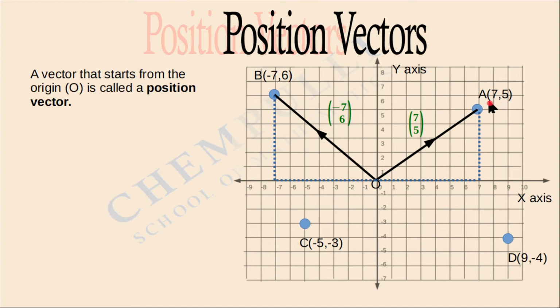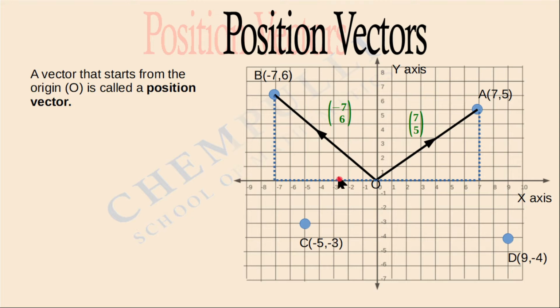But in the point case we write it row-wise, and in the vector case, the position vector, we use a column. We write the same point in column form, and then we get the position vector of that point.